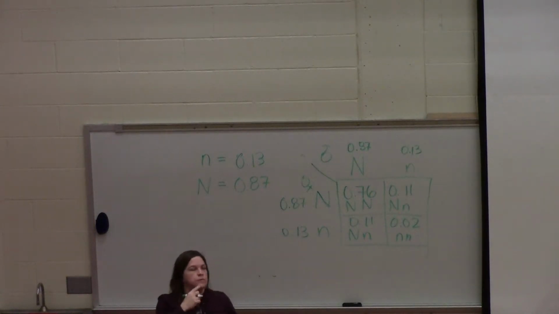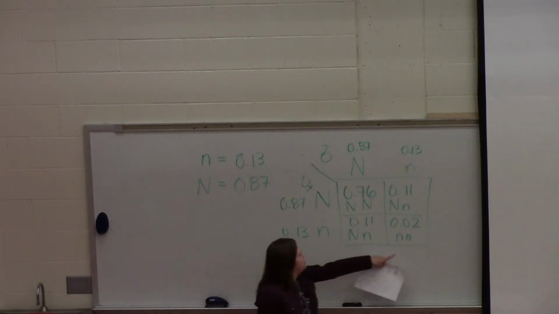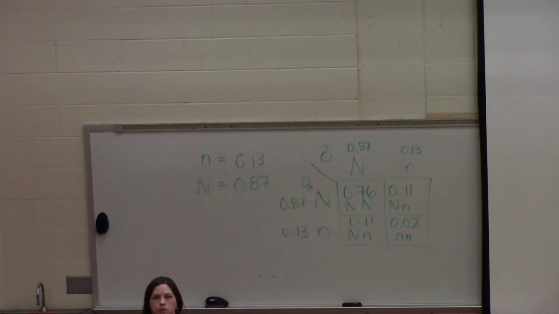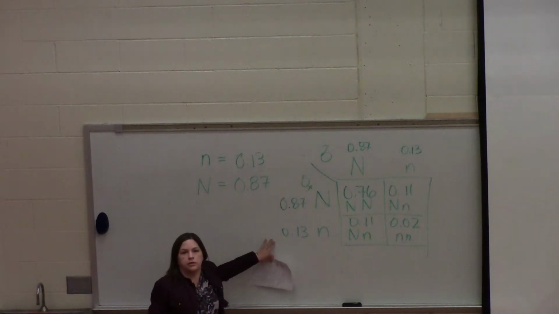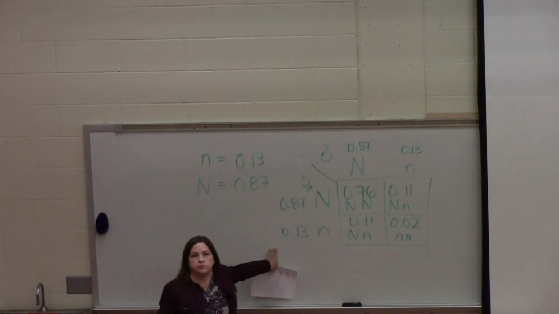Okay. So in this case, I'm interested in how many are going to have little n, which is that recessive allele. It's 0.13 times 0.13, which rounds to 0.02. So 2%. Does everybody see that? Understand why we use these numbers here? These are the frequencies of those alleles in that population in general.